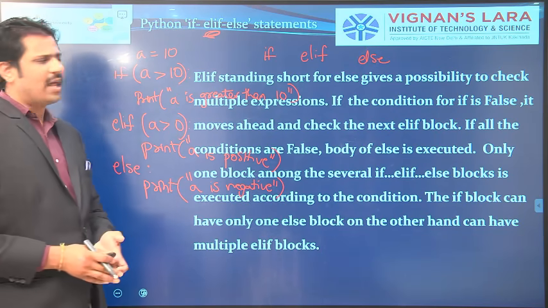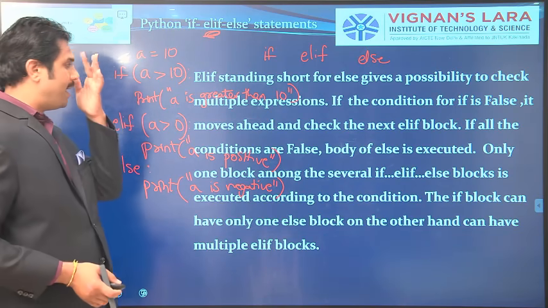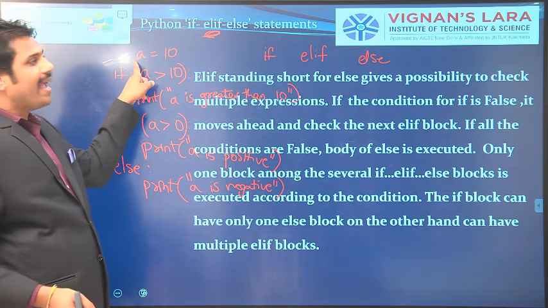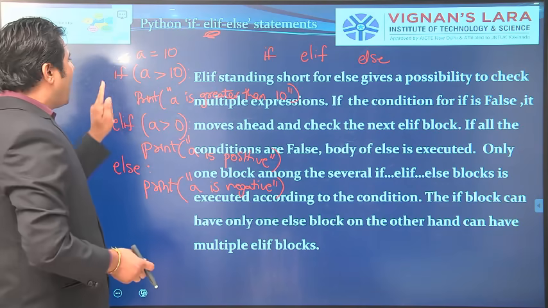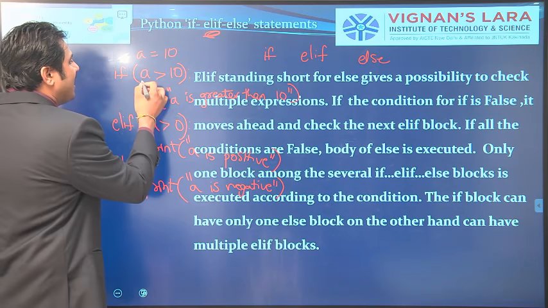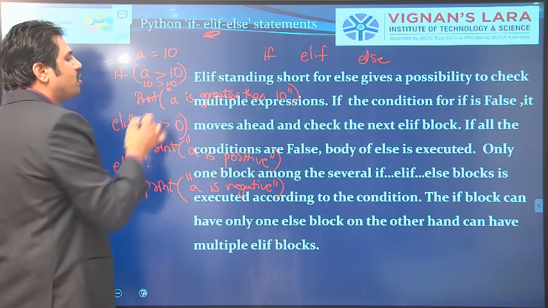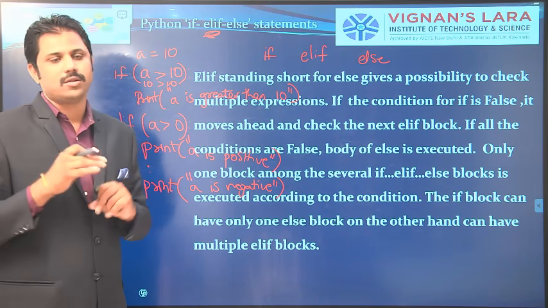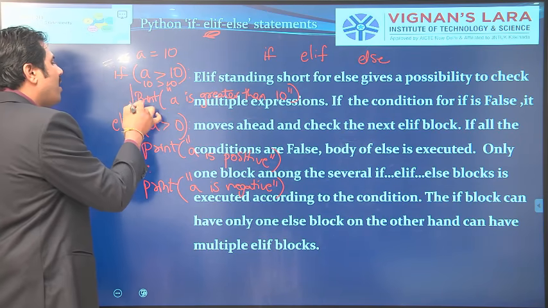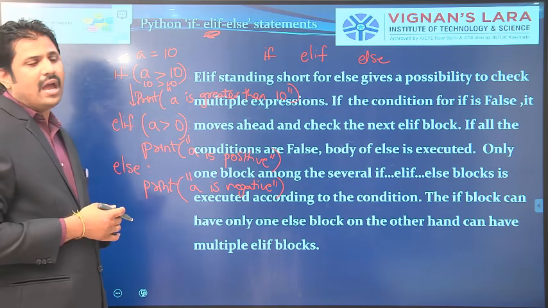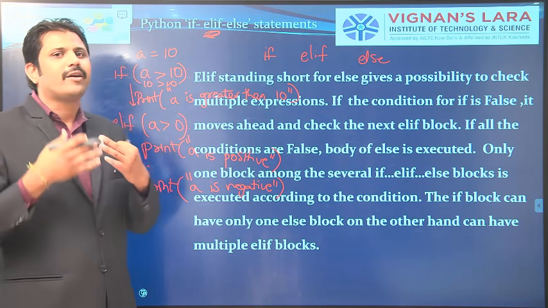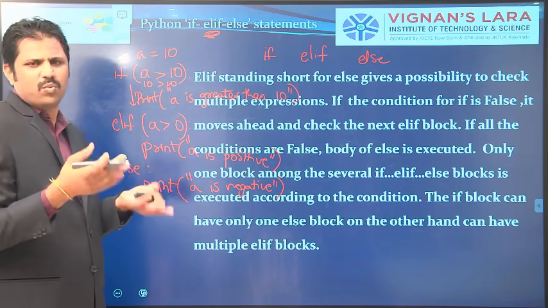Let us see these simple statements. Here I am taking a equals 10. So let us check. Is 10 greater than 10? Condition true or false? Yes, it is false. It skips the if statement. That means 10 is not greater than 10, 10 is equal to 10.